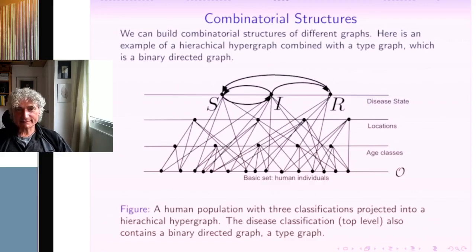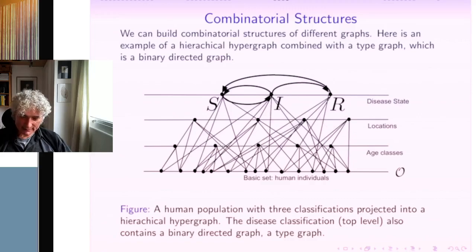And all these arrows are now describing interactions that then, of course, would appear in a dynamic model of the disease. But in a dynamic model of the disease, we wouldn't have interactions between locations.